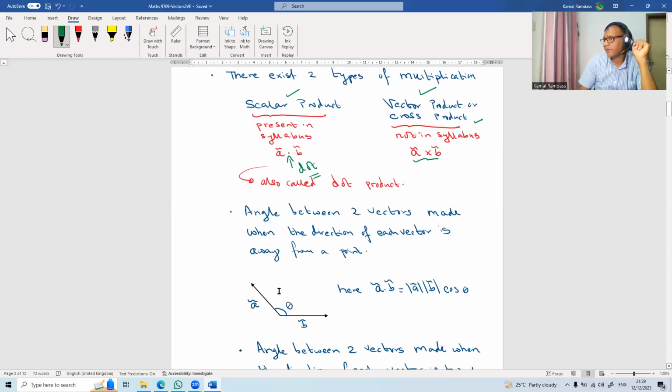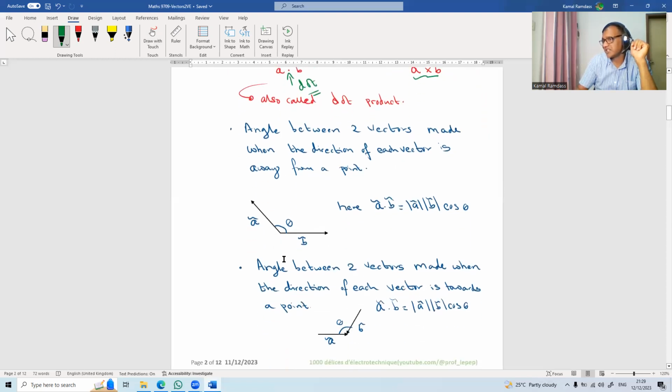The angle between two vectors made when the direction of each vector is away from the point. Ça veut dire, si mon vecteur, away from a point, ça c'est le common point, ça angle là, on appelle ça the angle made by the two vectors, angle theta. Si the direction is towards a point, là aussi, ça angle là, nous sommes capables de take the angle to be the angle between two vectors.